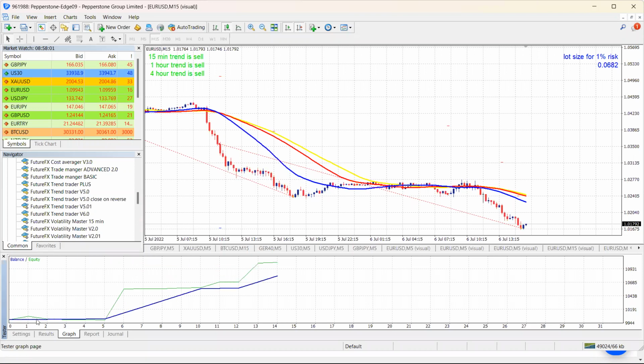So along here, we've just got a lot of little tiny profits. That'll be just all hitting the first profit lock. These will be normal wins, tiny profit locks.